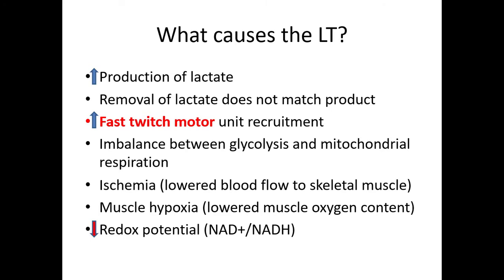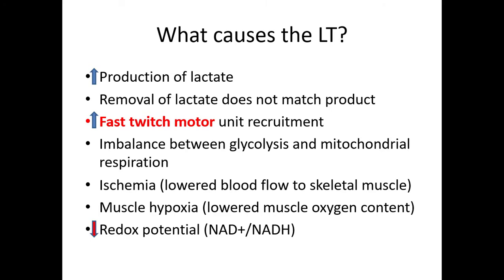And ischemia, which means lowered blood flow to skeletal muscle, releases more lactate and causes the lactate threshold. Muscle hypoxia, lowered muscle oxygen content, means less mitochondrial respiration, so we need the glycolytic energy system. So it causes the lactate threshold.